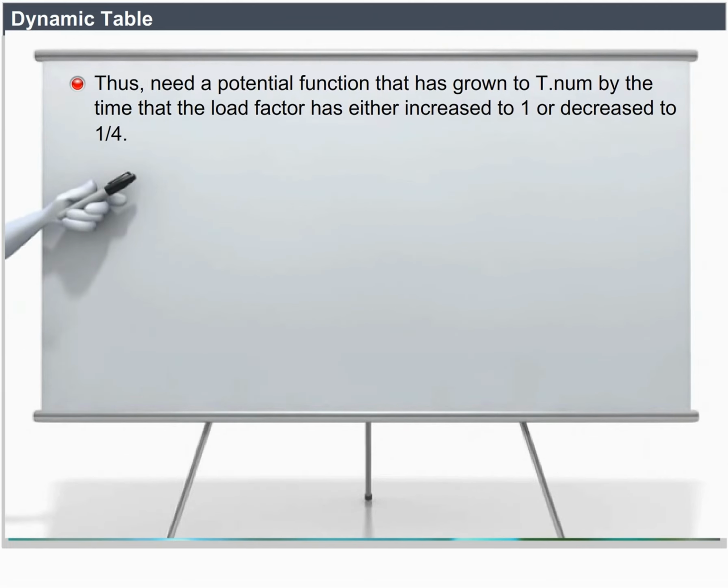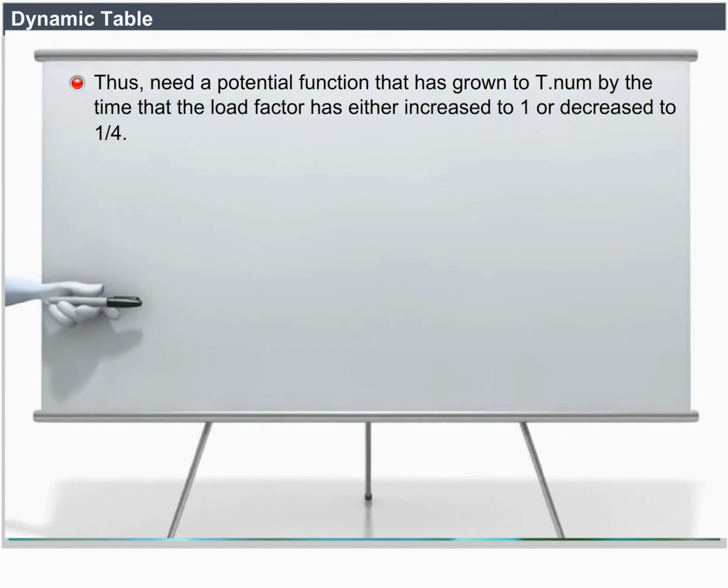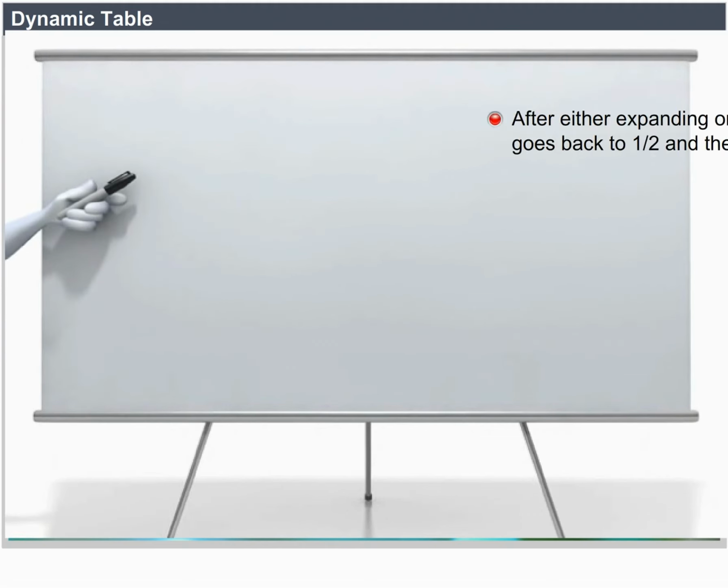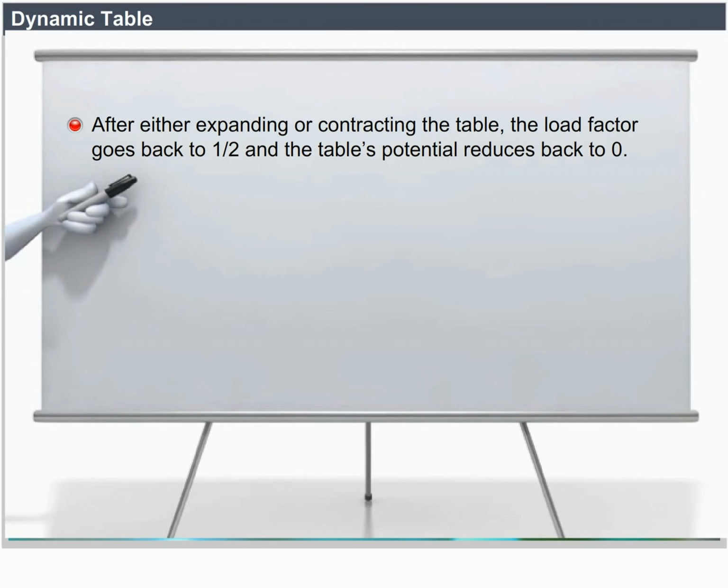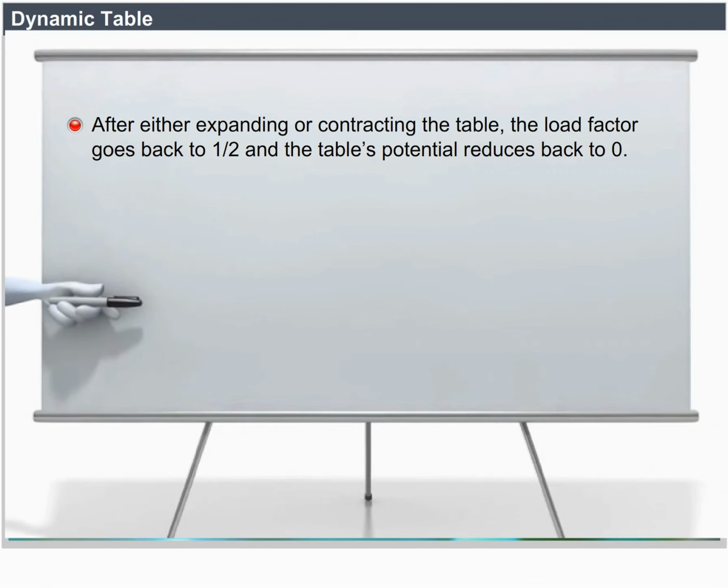Thus, we need a potential function that has grown to t.num by the time the load factor has either increased to 1 or decreased to 1/4. After either expanding or contracting the table, the load factor goes back to 1/2 and the table's potential reduces back to 0.